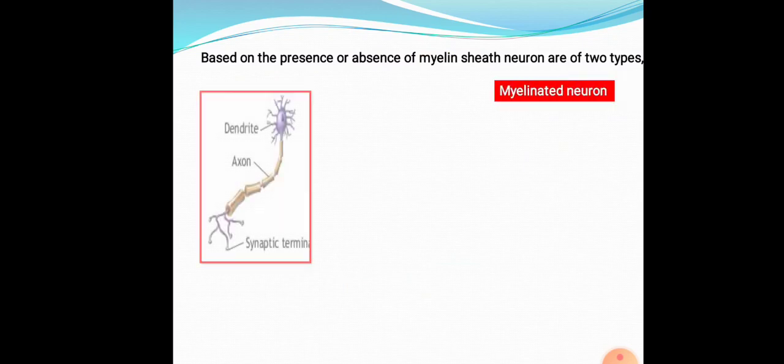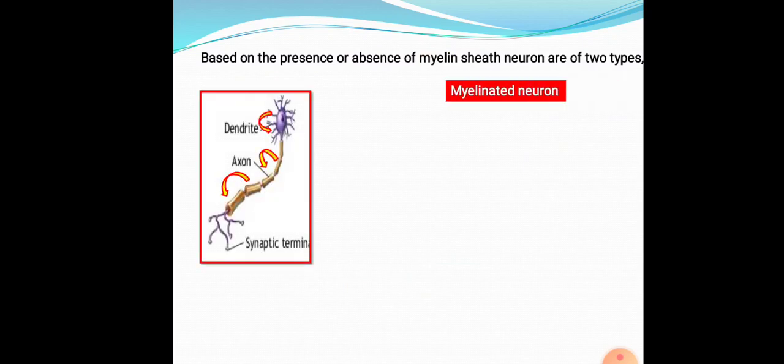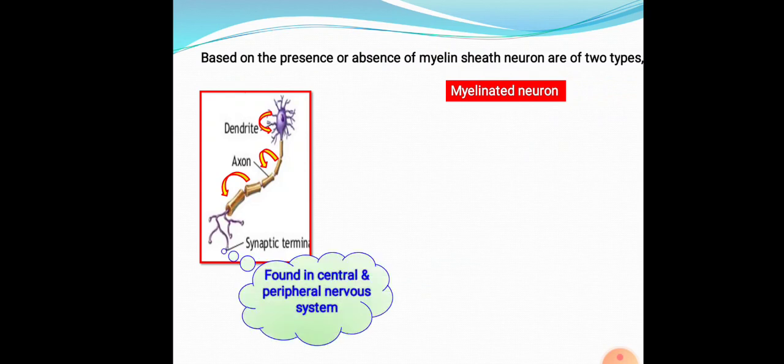Based on the presence or absence of the myelin sheath, neurons are again classified into two types. If the axon is covered by a myelin sheath, then it is called a myelinated neuron, found in the central and peripheral nervous system.